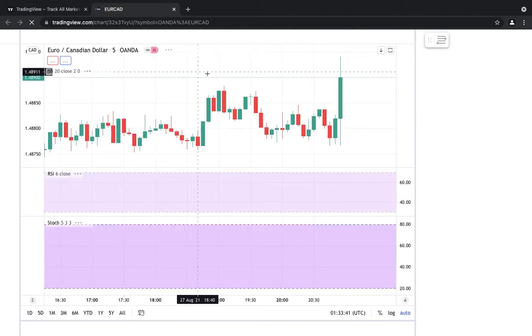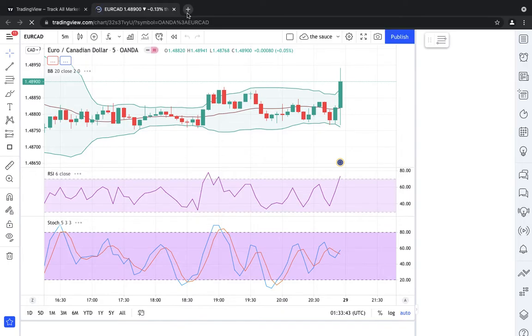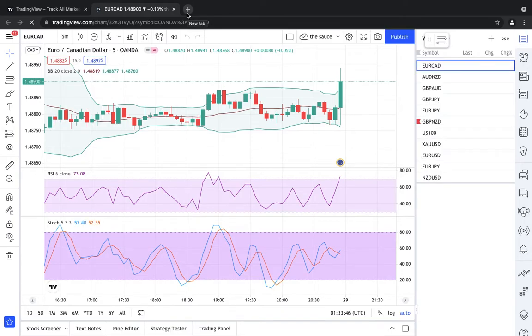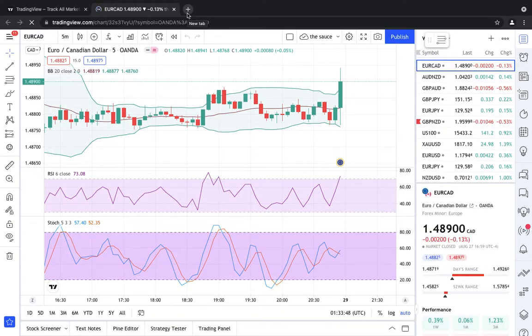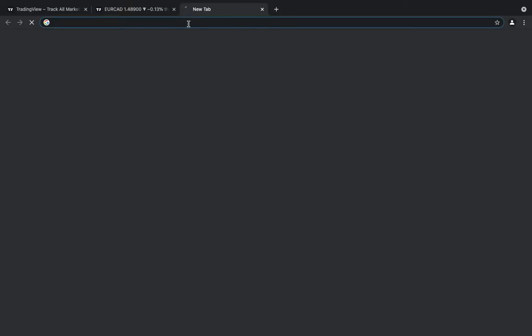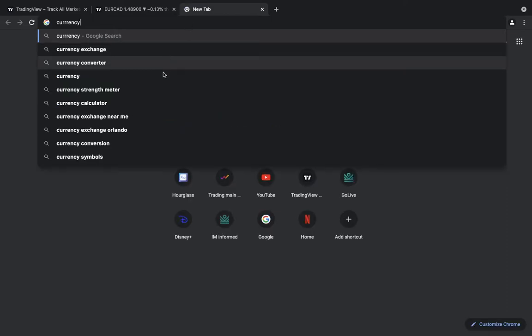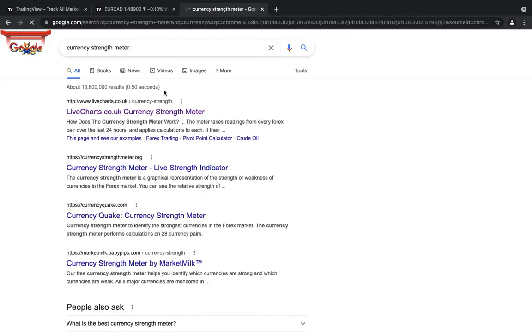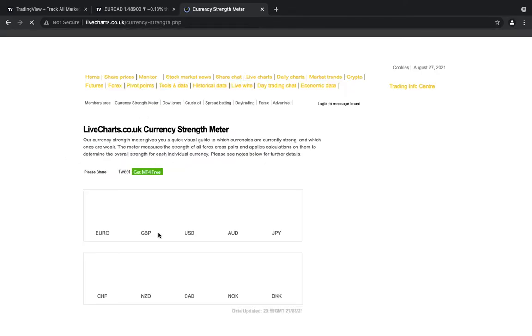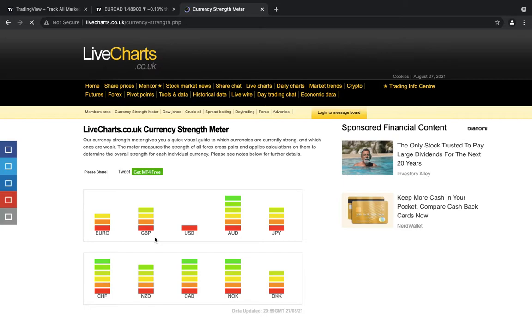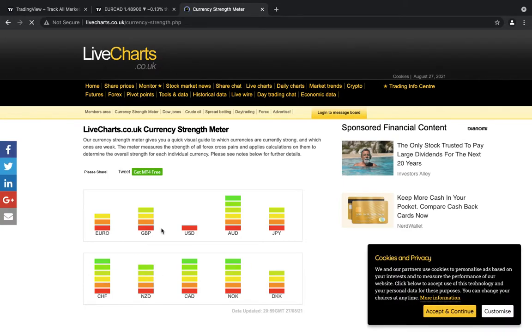And guys, for those who ask me, if they're not a part of IM or they don't have the cash trap, what else can they use as a substitute? I use this as well: the currency strength meter. It doesn't give the actual numbers, but it gives you a live update. It gives you bars, so it tells you what is strong and what is weak.